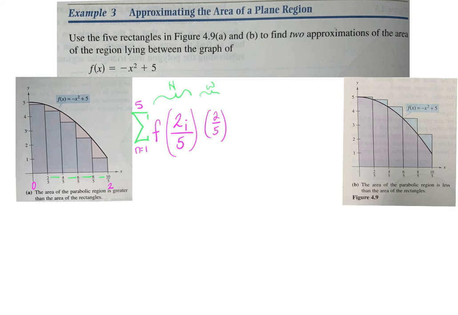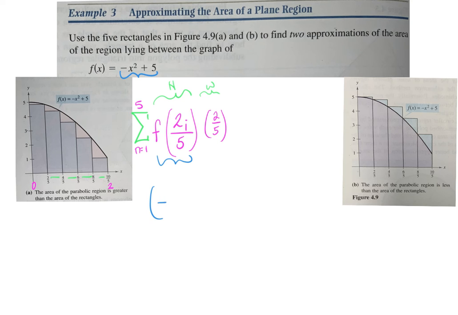Now, when I do this, f of this means I need to plug it in. F of 1 would be negative 1 squared plus 5. F of 2 would be negative 2 squared plus 5. F of a would be negative a squared plus 5. F of 2i over 5 is negative 2i over 5 squared plus 5, right? And so I'm going to replace this piece of it with what happens when I plug it in.